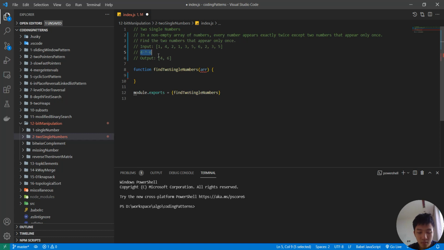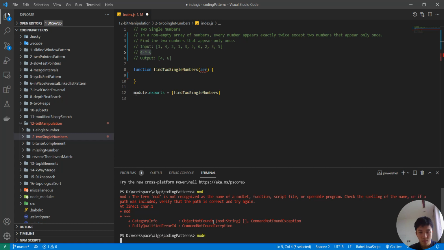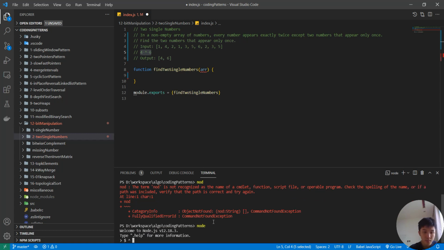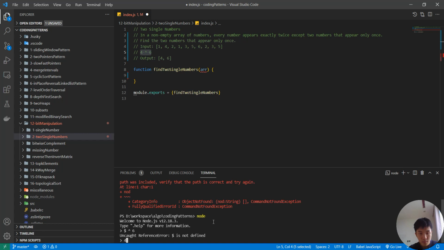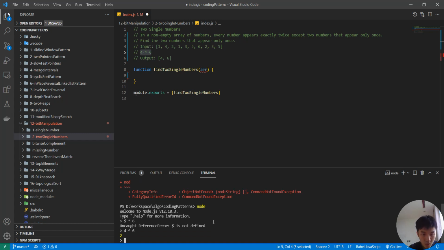There are some observations we can make here. Let's say we have XORed 4 and 6, and the result is 2.